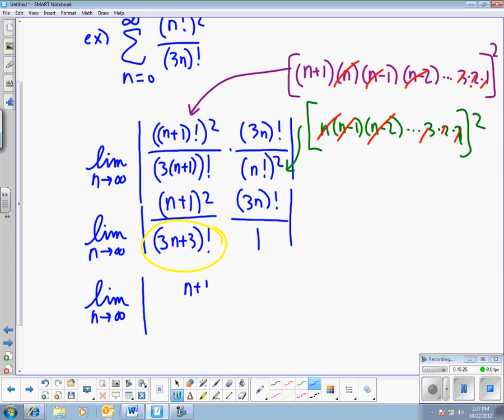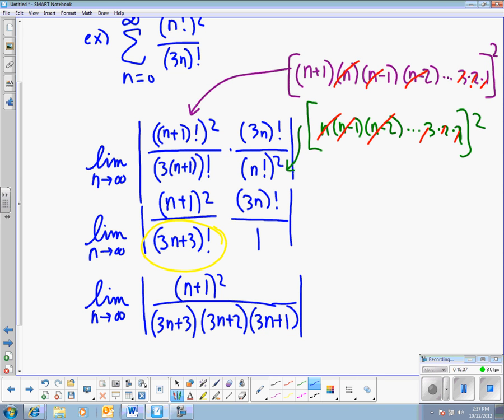So what's left is 3n plus 3 and 3n plus 2 and 3n plus 1. The rest of it's all going to go away because the 3n will cancel with the 3n on the top, and the 3n minus 1 will cancel with the 3n minus 1 from the top, and so on all the way down to 3, 2, 1.